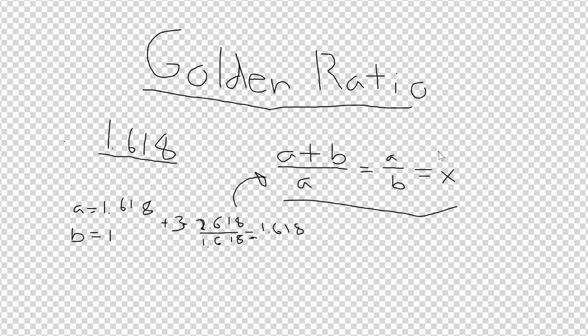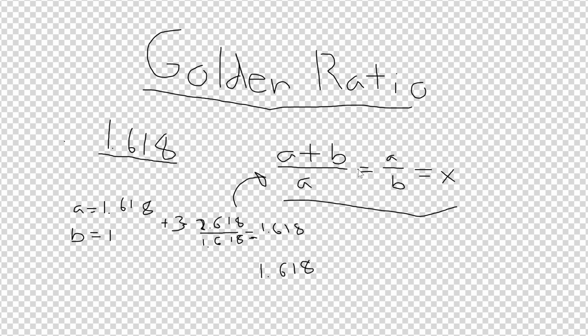Now, if we take A and we divide this by B right here, anything divided by 1 is simply 1.618. Now, understanding this from the golden ratio perspective, we were able to take the addition, A plus B, and we got 1.618 plus 1, and we got 2.618.